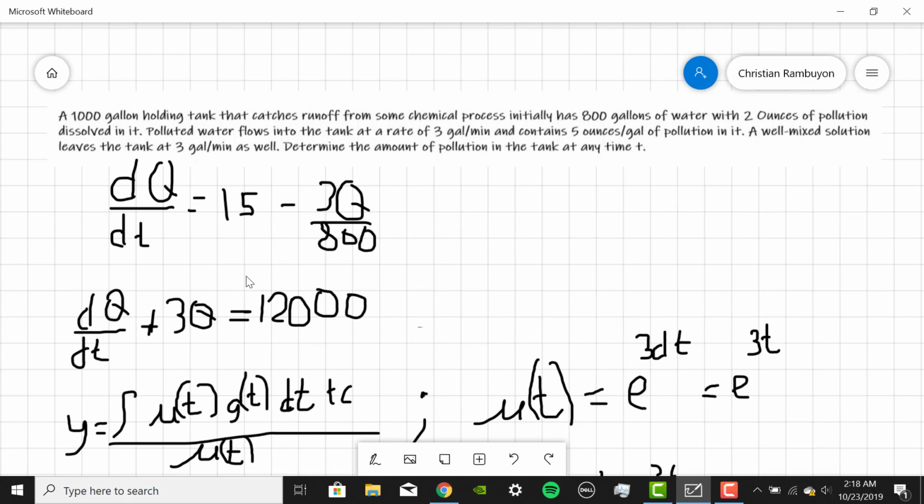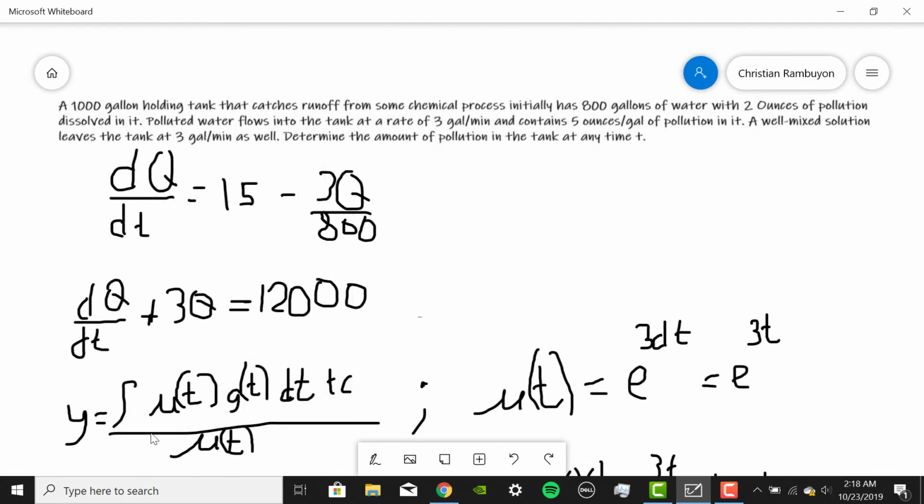After that we will use this formula. This formula is the integrating factor formula. As it is written in the formula, y is equal to the integral of mu of t times g of t dt plus c, which is a constant, over mu of t.